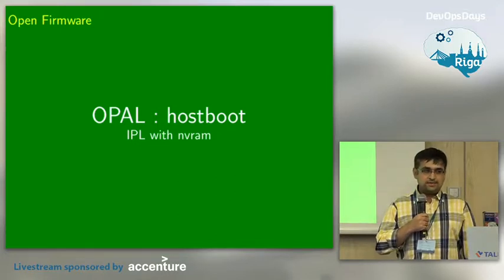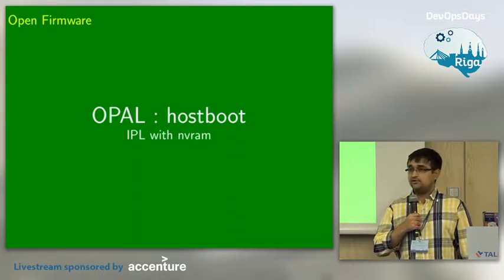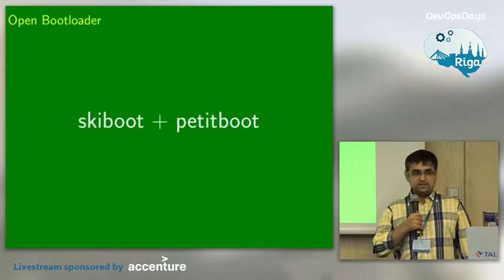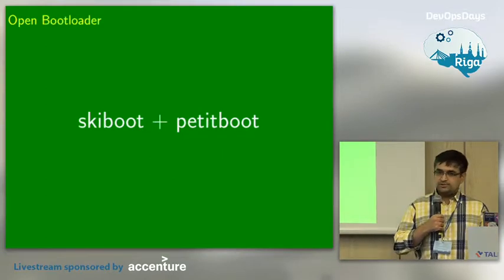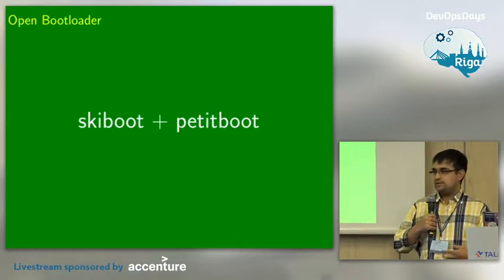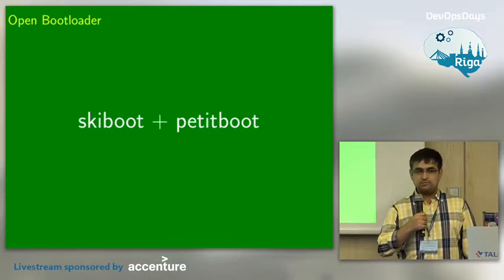The open firmware is fully open source on GitHub. So you can actually download it, compile it, run it in an emulator. If you like it, put it on a physical machine. The bootloader uses Skiboot, which is the actual BIOS type, and Petitboot is basically just a nice TUI which tells you which kernel you want to boot up.